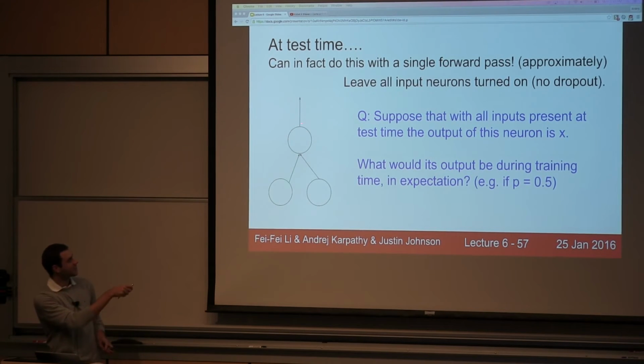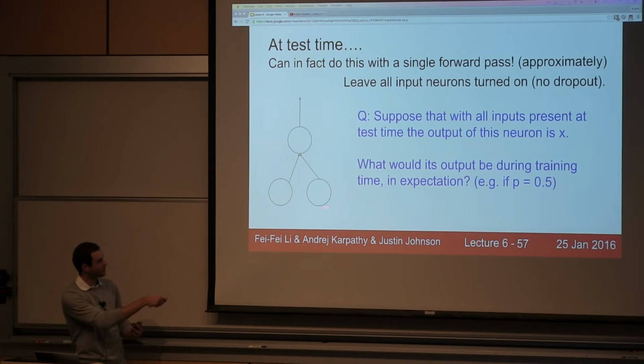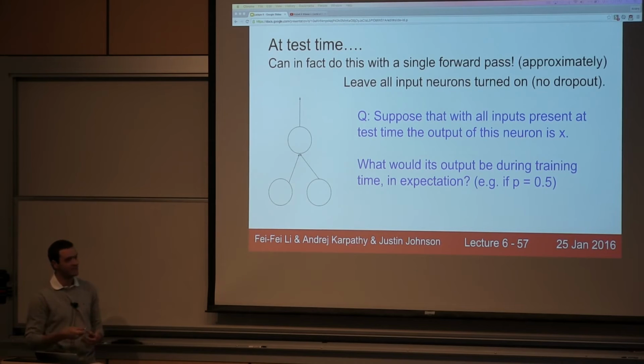You have to compare this value of x to what the neuron's output would be during training time in expectation. Because in training time, the dropout masks vary randomly, and so there are many different cases that could have happened. And in those cases, the outputs of this neuron would possibly be in a different scale. And you have to worry about this.